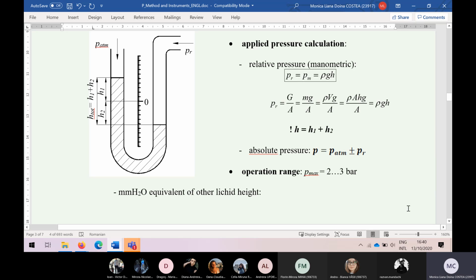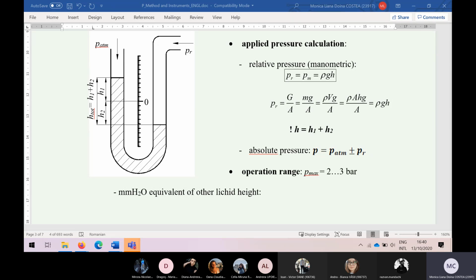So, what was I saying? Okay, we have spoken about errors, but we also have to mention that this is a quite accurate enough instrument.